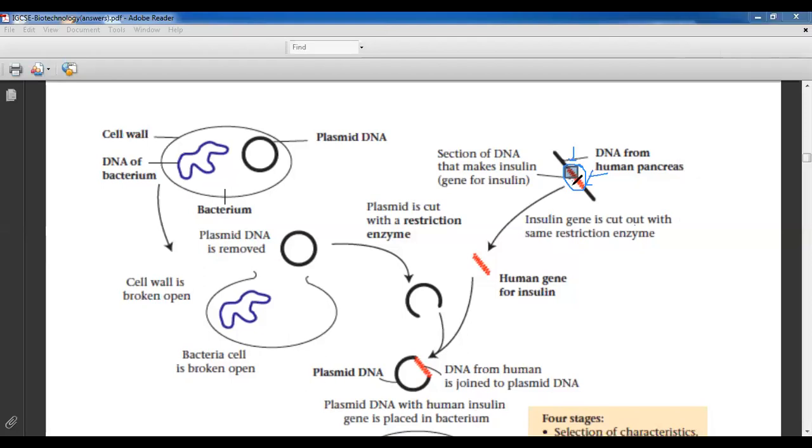Now, after that, when I treat this DNA with restriction enzyme, the name of that enzyme is called what? Restriction enzyme. And restriction enzymes are actually molecular scissors.